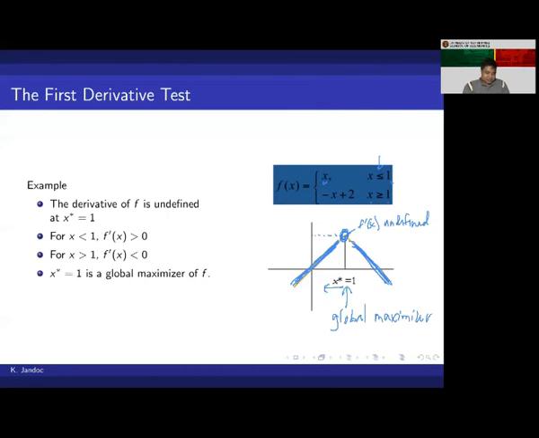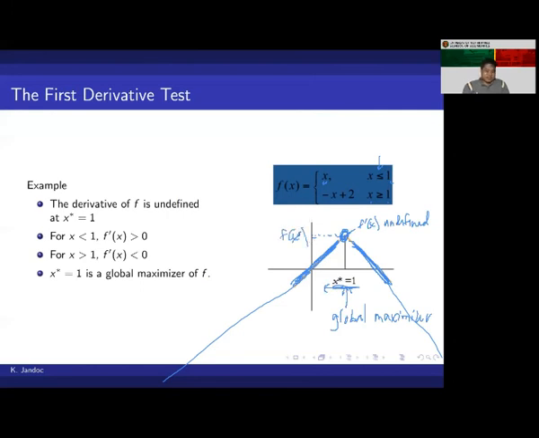You can stretch this line all the way to negative or positive infinity. It's still true that at x star equals 1, it will yield the highest value. So x star equals 1 is the global maximizer.